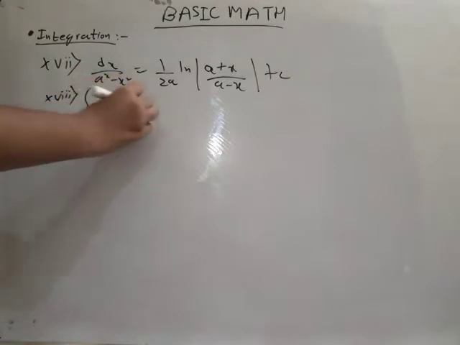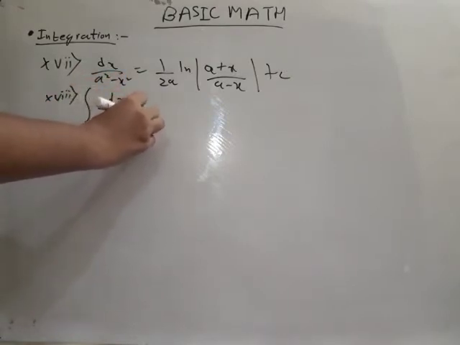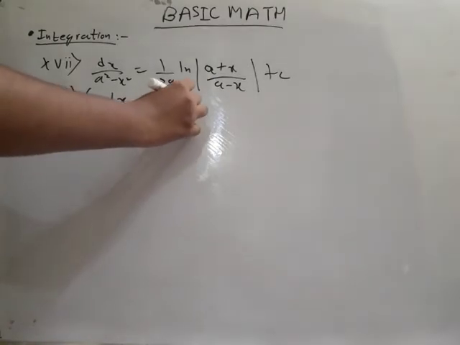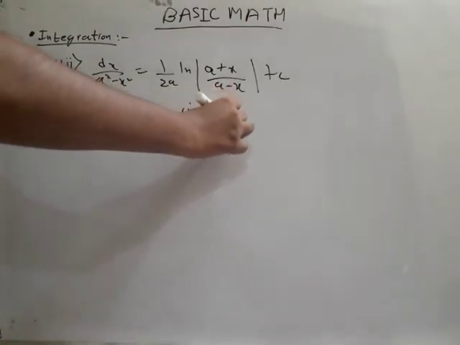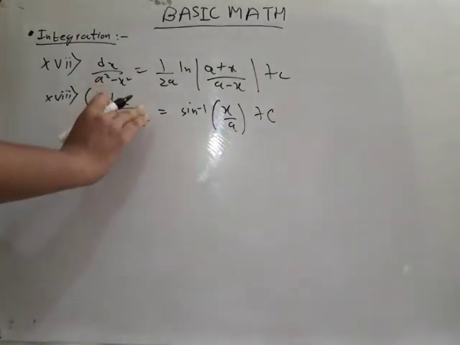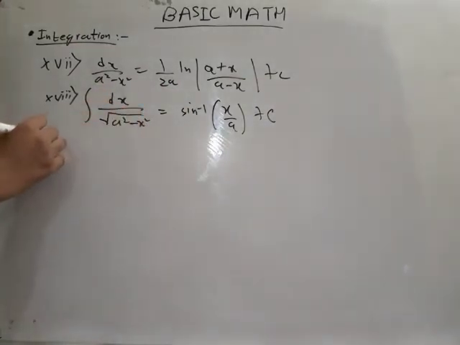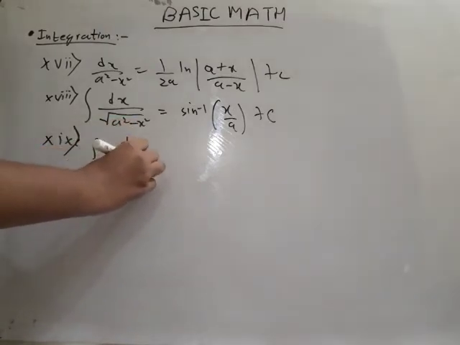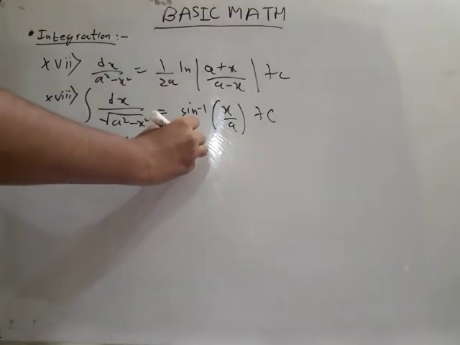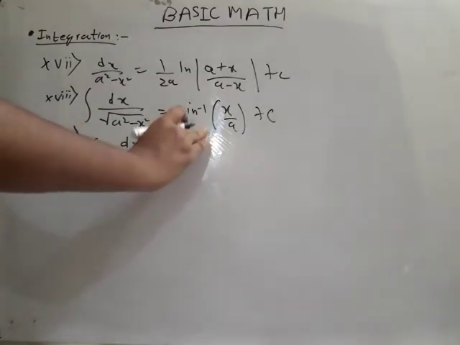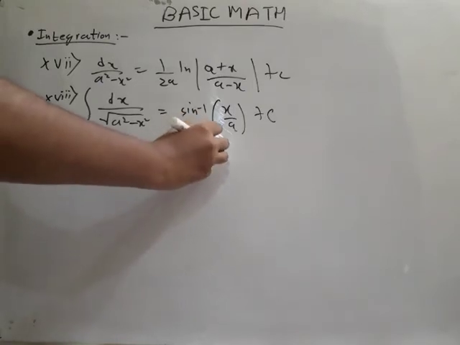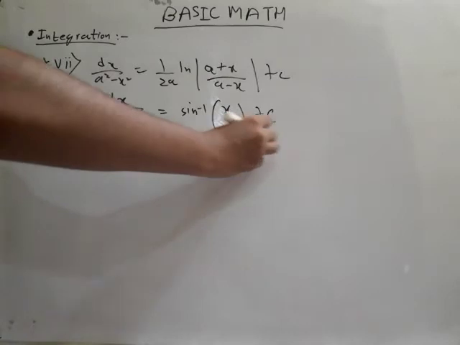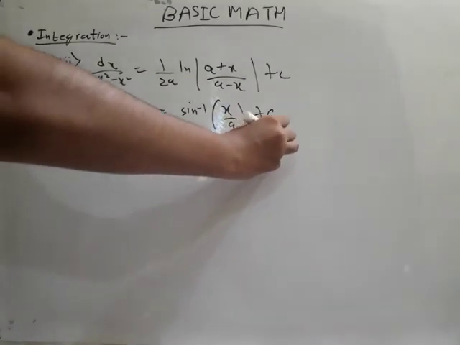Dx by root under a square minus x square equals sin inverse x by a plus c. Integral dx by root under x square minus a square equals ln of mod of x plus root under x square minus a square plus c.